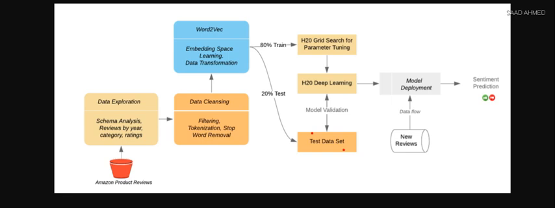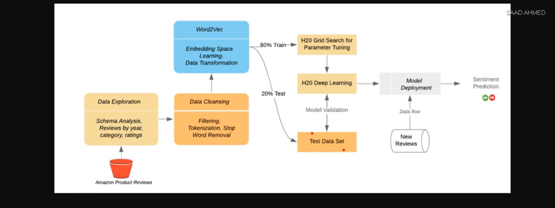This is where you add the process of learning and data transformation. Word2vec is one word embedding algorithm which is very popularly used, and the other one is GloVe. You can use either of them, and from here you can use 80% for training and 20% for testing.